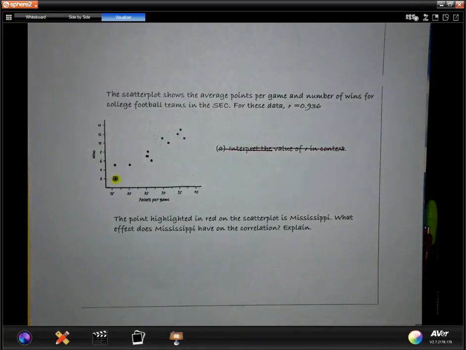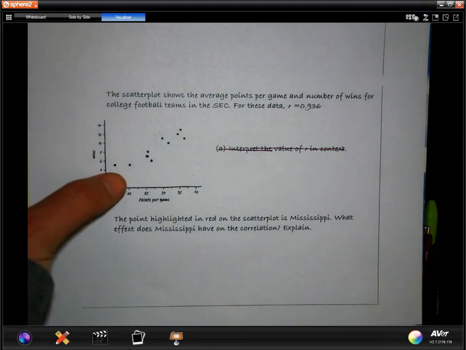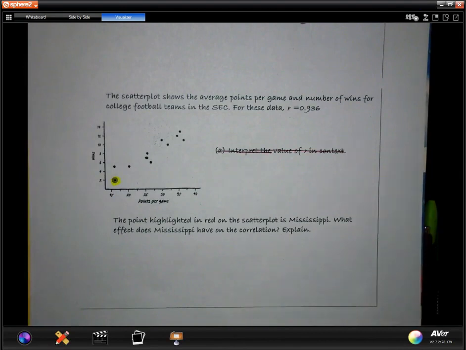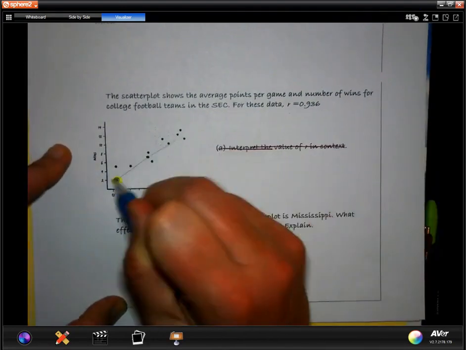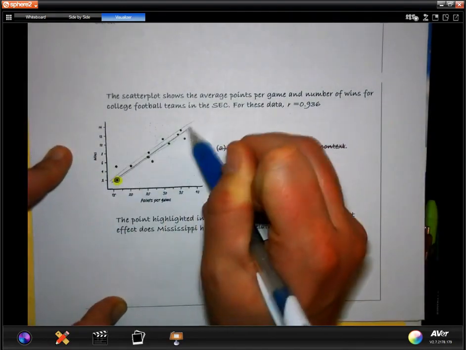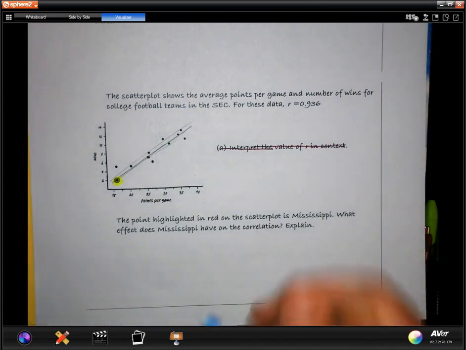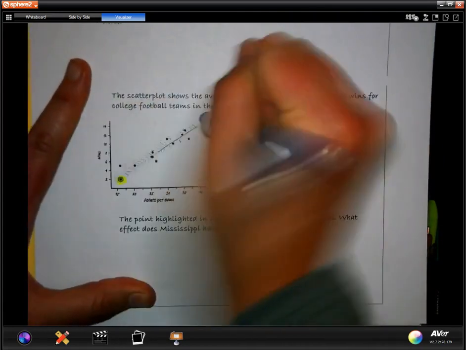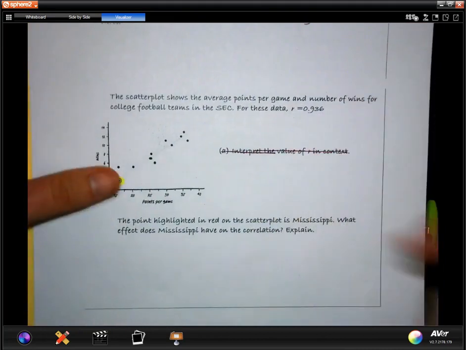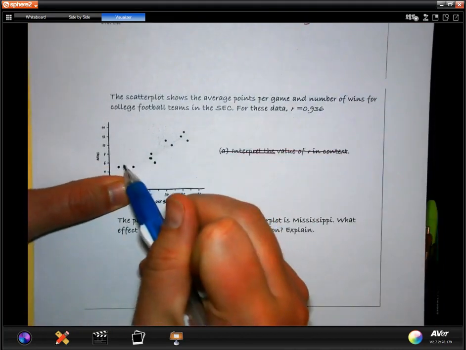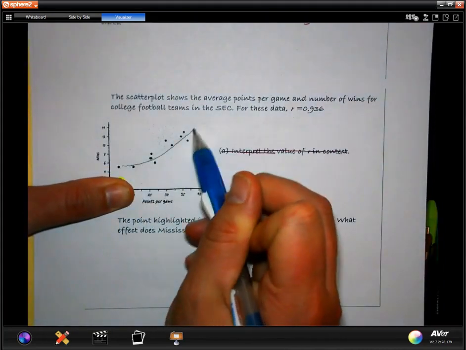So, Mississippi, which is this point here, I have Mississippi in my data. You can see I can put a line on there, right? But the minute I get rid of Mississippi, I almost have a curve to my data.